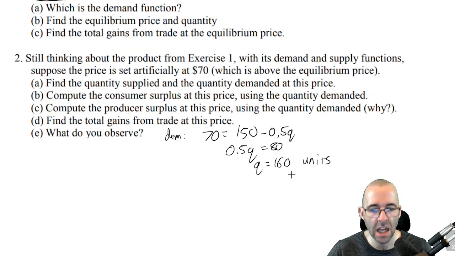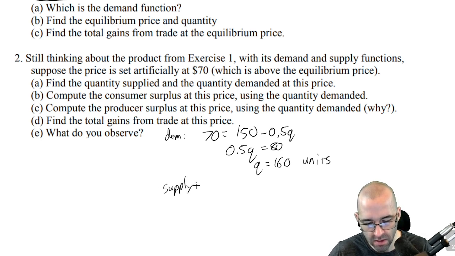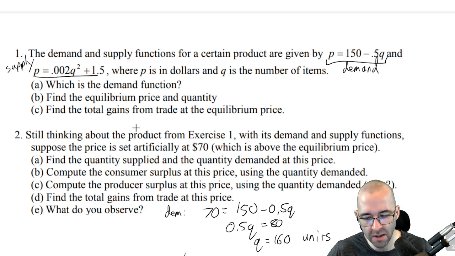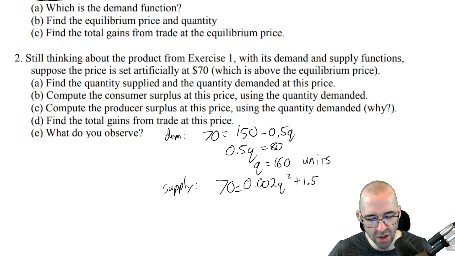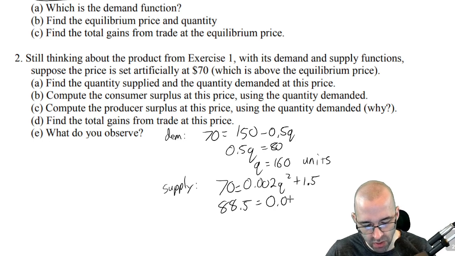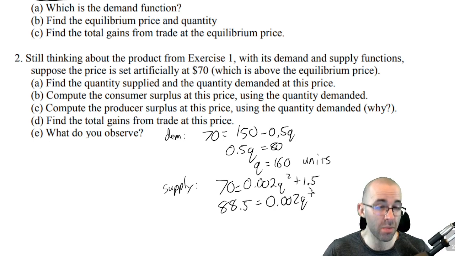Similarly, we can get the supply. 70 is going to be 0.002Q squared plus 1.5. This one will be a little bit more complicated to solve, but not too bad. Subtract the 1.5 over, we get 88.5 equals 0.002Q squared. Multiply both sides by 500.